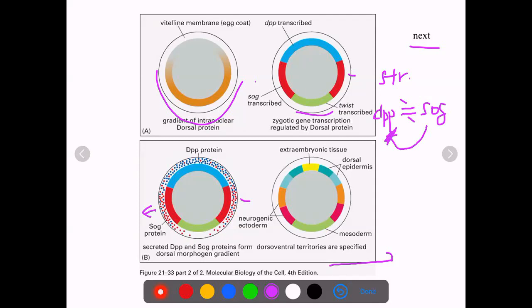SOG does not have any receptor to bind to on the cell surface. Because of the interaction between DPP and SOG, they can form this nice little gradient, and because of that they will form these different patterns based on the balance between SOG, DPP, and the bottom here, that is the spatzle.